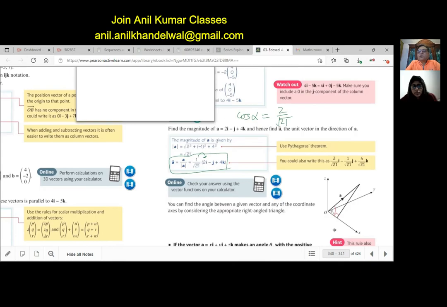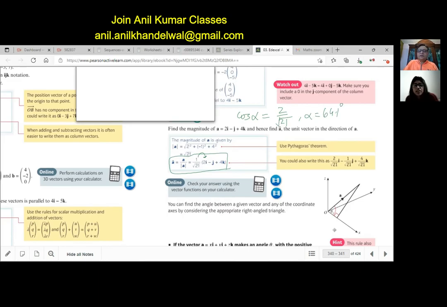So what is alpha equal to? Find cos inverse of 2 divided by the square root of 21. You find the angle, 64.1 degrees. That is the angle which this vector makes with the x-axis. You understand? Is that angle just with x because that's the 2i? Yes.